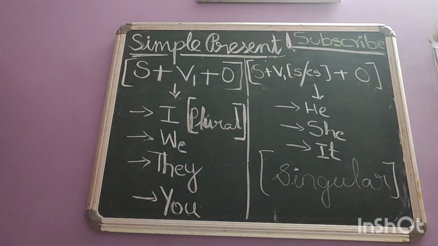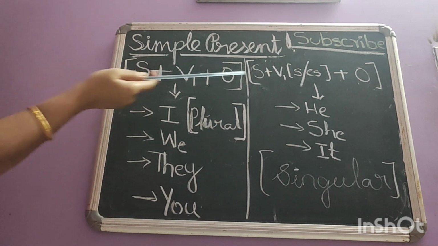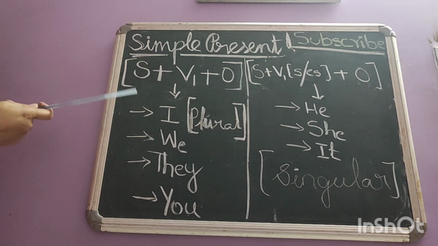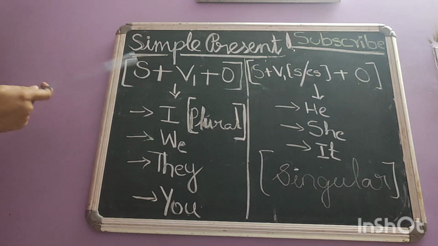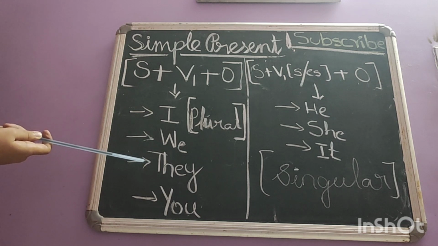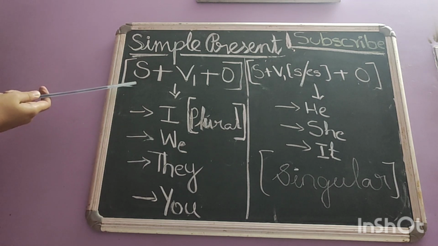Okay, so now we see the first structure, subject plus V1 plus object. So when we have to use this first structure? If I want to start the sentence with I, we have to use this structure only. Okay, not this one. And again, if I want to start the sentence with we, we have to use this one only. And again, if I start with they, I have to use this structure only.